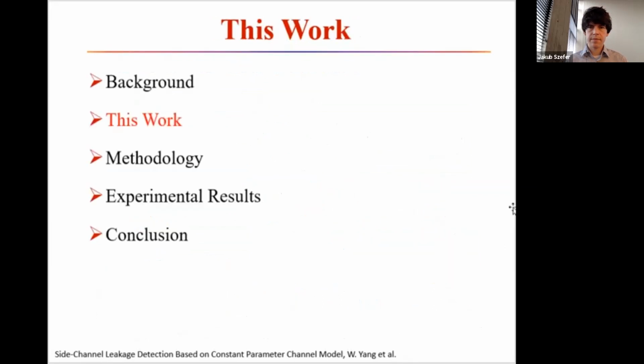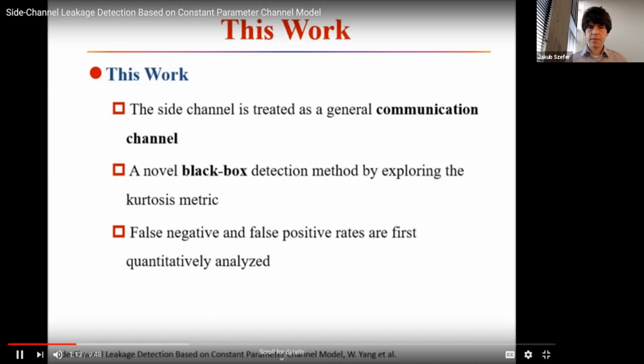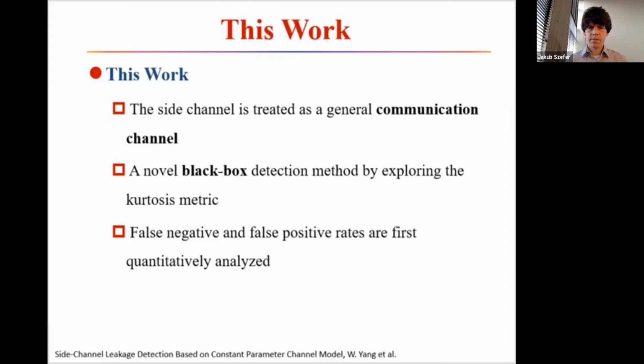In this work, the side channel is treated as a general communication channel and a novel black box detection method exploring the kurtosis metric is proposed. Meanwhile, false negative and false positive weights are first quantitatively analyzed to examine the efficiency of the detection method.